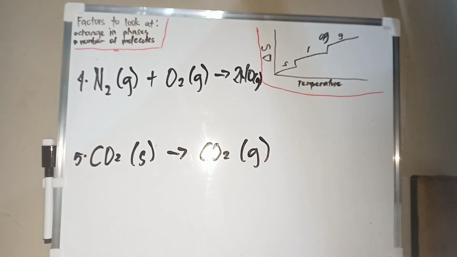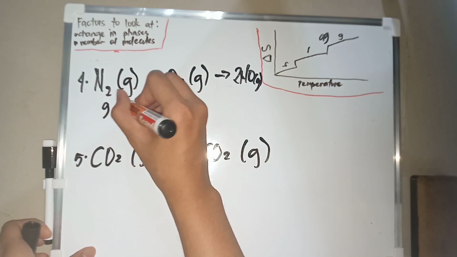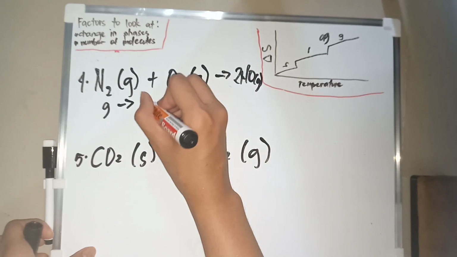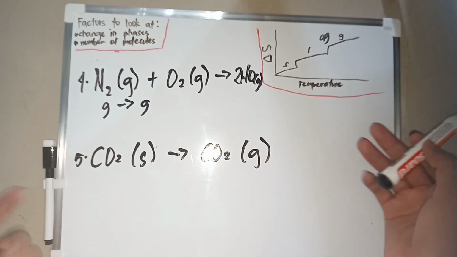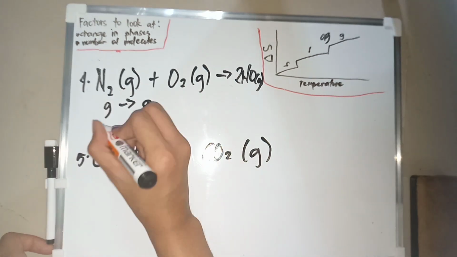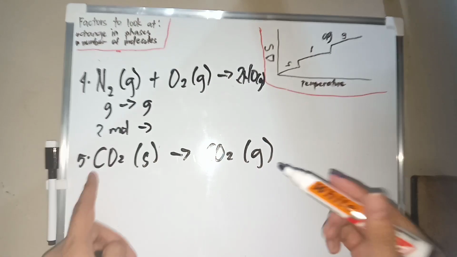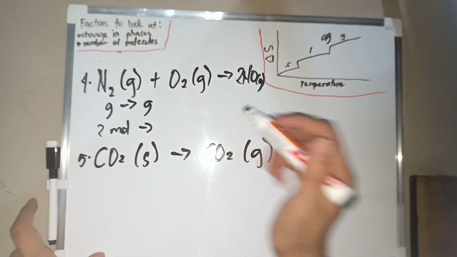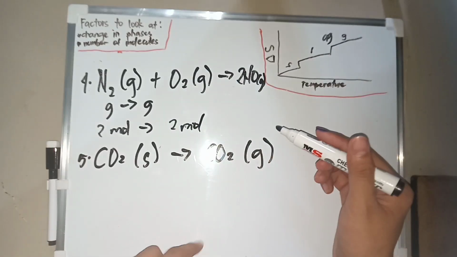Okay, let's start. Here in number 4, in changes of phases, we have gas, our reactant, to gas, our product. So there's no change in phases. In number of molecules, we have 2 molecules for our reactant and 2 molecules for our product.